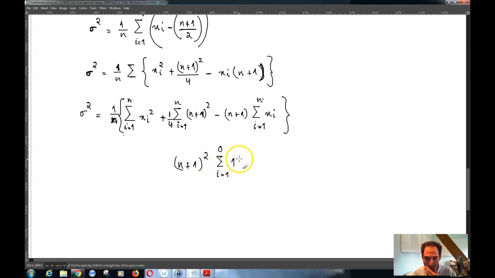So this is going to just be equal to 1. Then you can simply write this as n plus 1 whole raised to the power 2 divided by 4. This part over here you can write as n plus 1 raised to the power 2 divided by 4, for example.